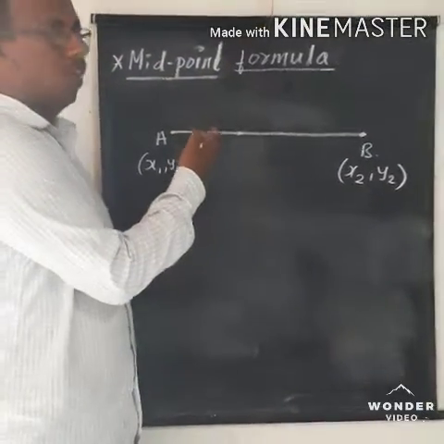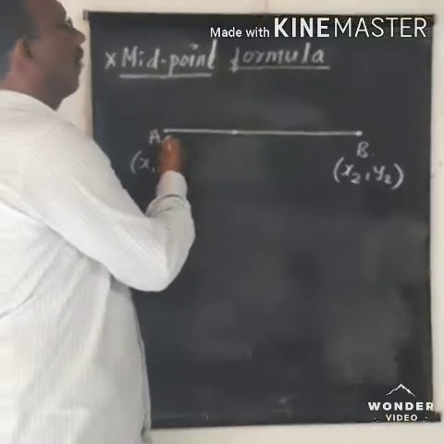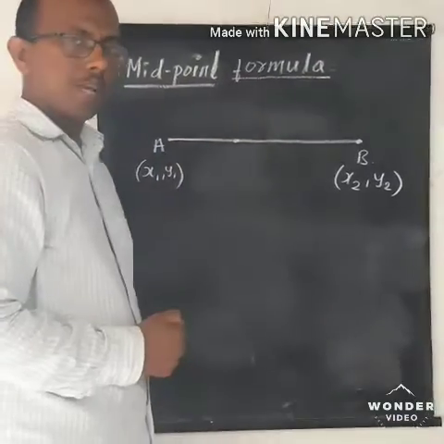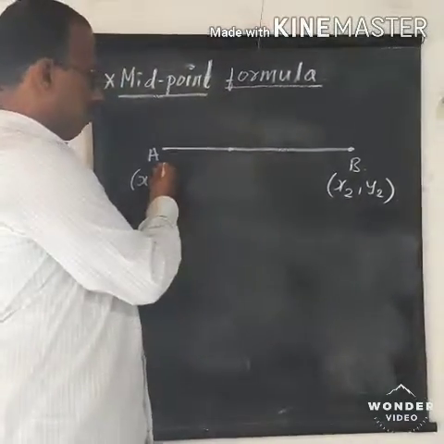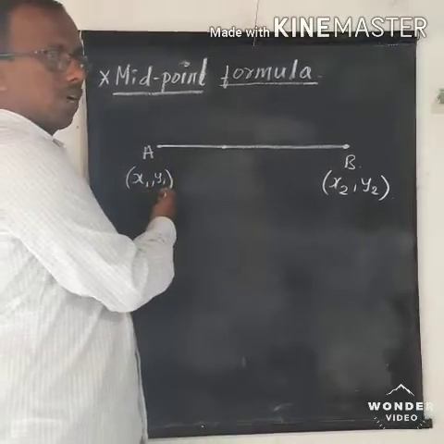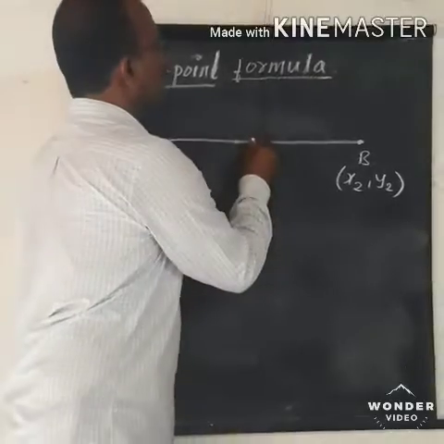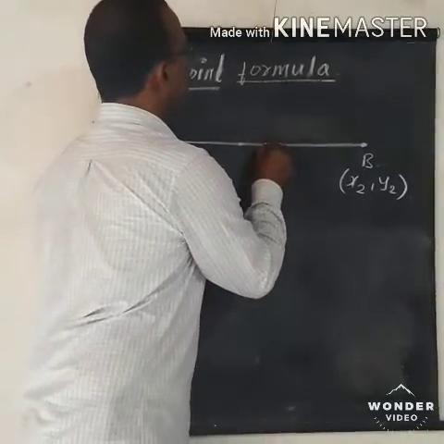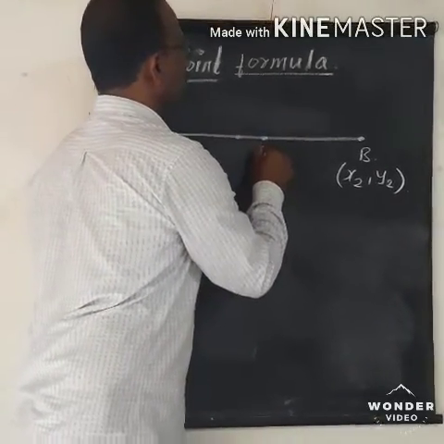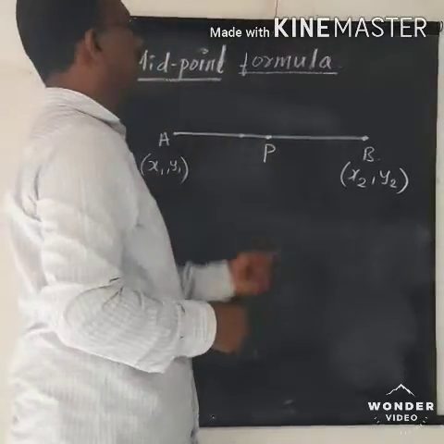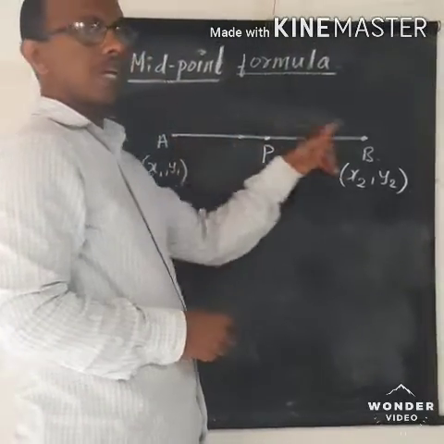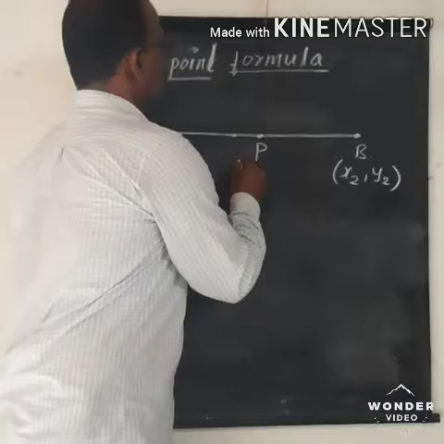Next, the midpoint formula. For the midpoint formula again we will consider the same segment AB. A's coordinates are x1, y1 and B's coordinates are x2, y2. Now we will consider one point P which is exactly at the center of segment AB. So P is the midpoint of segment AB.